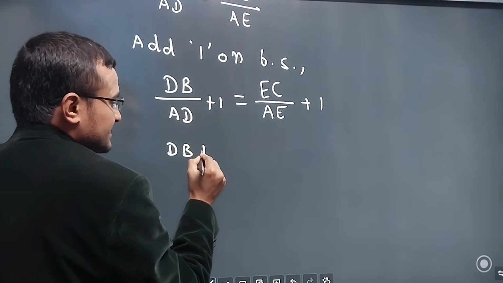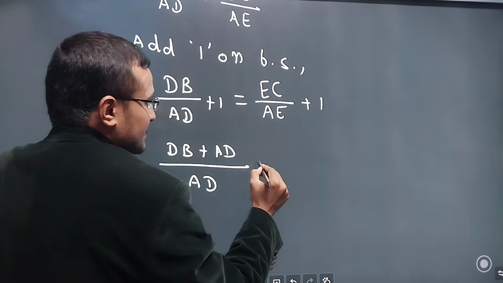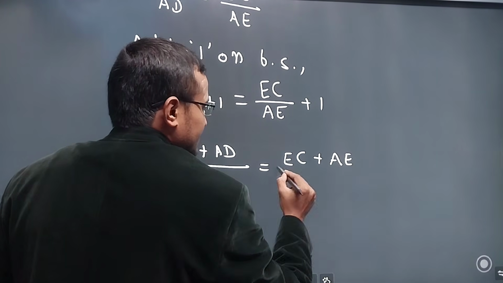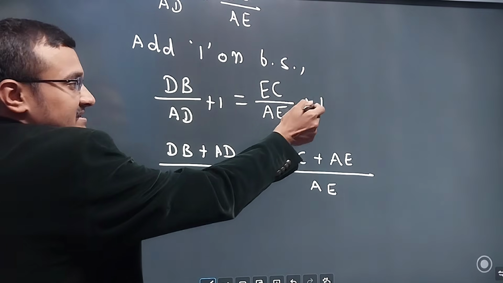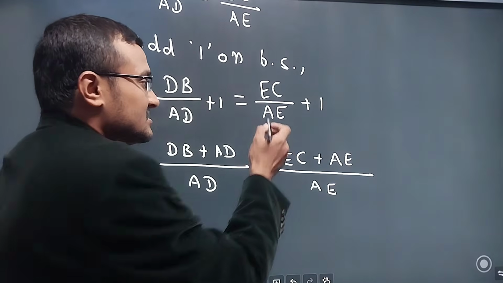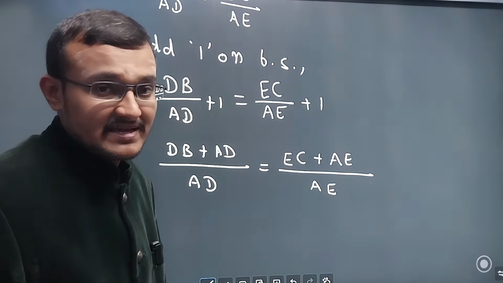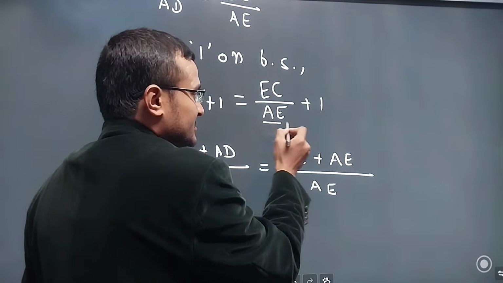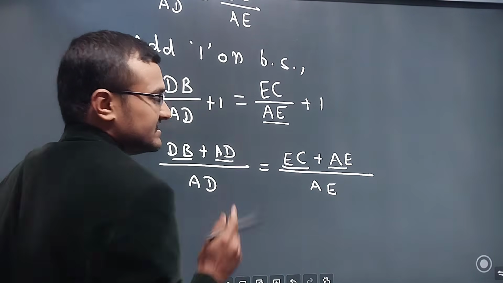So when we solve this, DB plus AD divided by AD is equal to EC plus AE divided by AE. Because here it is EC by AE and here it is 1 by 1, if we take the LCM of AE and 1, AE will remain. So that AE I have to multiply here, so AE gets cancelled with each other. For 1 also I have to multiply AE. Then EC plus AE will be there in the numerator, and in the denominator AE will be there. So DB plus AD by AD is equal to EC plus AE by AE.